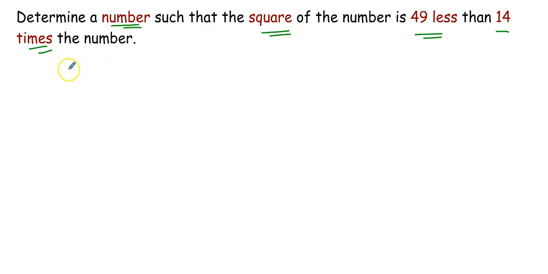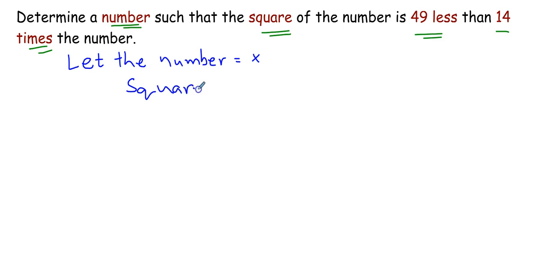Alright. First, let us assume that the number is equal to x. If the number is x, what is its square? The square of the number is going to be x square, right?